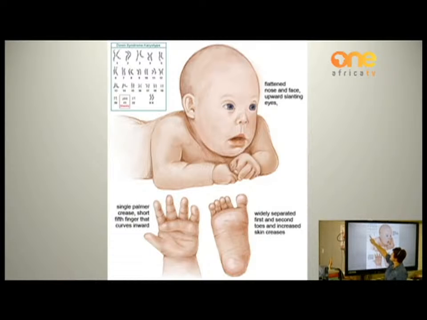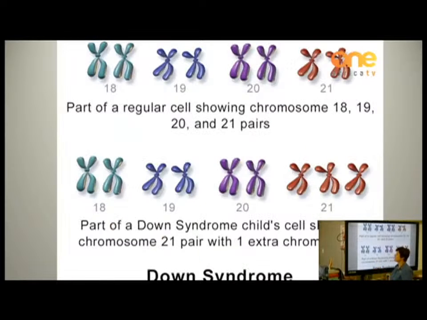But what is different in Down syndrome? It is pair number 21. If we look at the karyotype, you remember the karyotype is where all the chromosomes from the father and the mother are sorted from the largest to the smallest until we reach the 23rd pair. And now in Down syndrome, we see that pair 21 is not a pair, but we have 1, 2, 3.